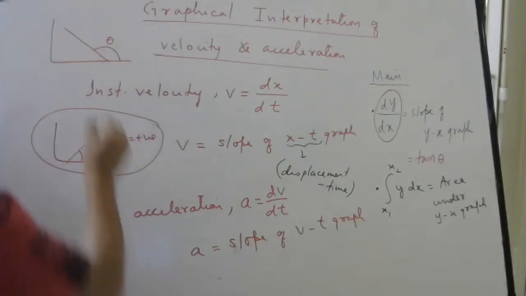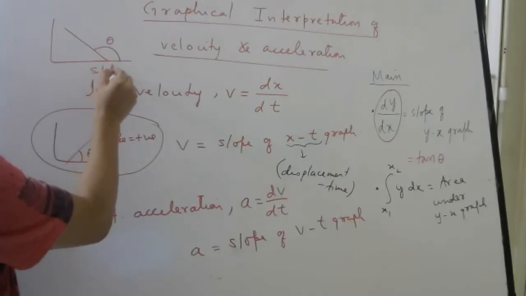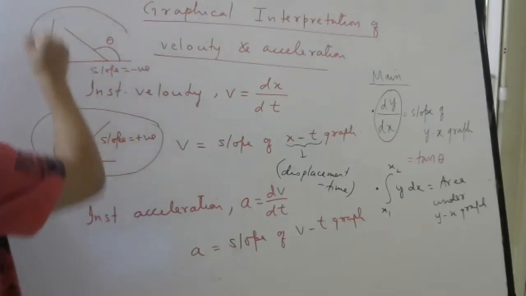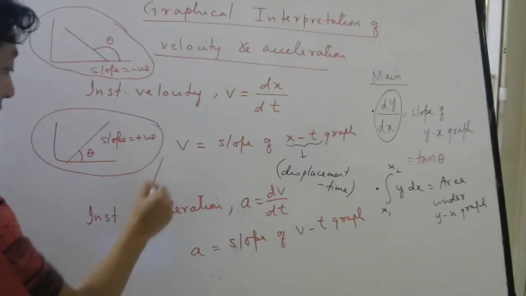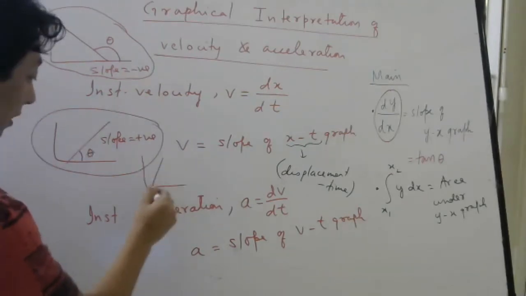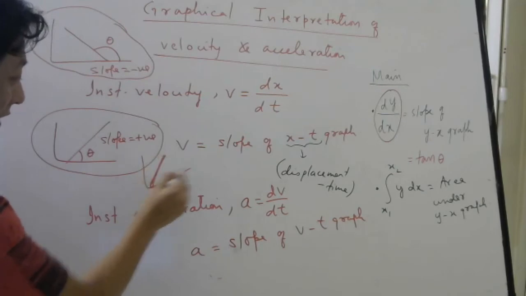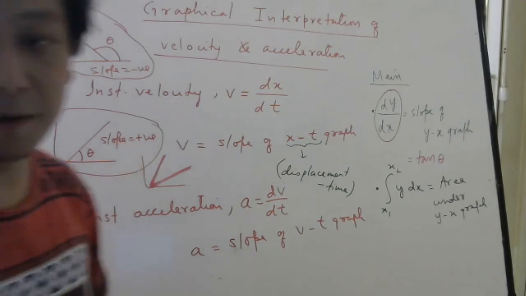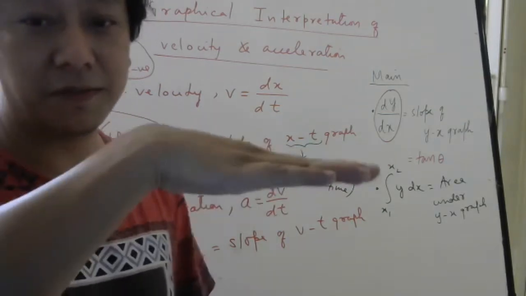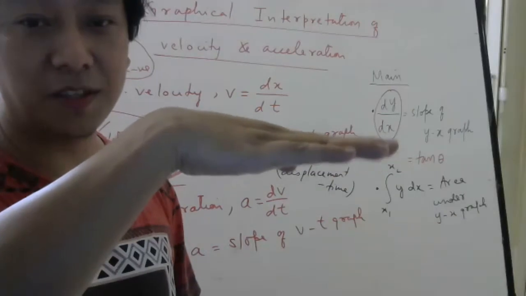If theta is obtuse, tan theta will be negative. Please remember that. And for a graph which is more vertical and a graph which is more horizontal, the one which is more vertical will have more slope. What is the slope of this graph? What is the slope of this graph?